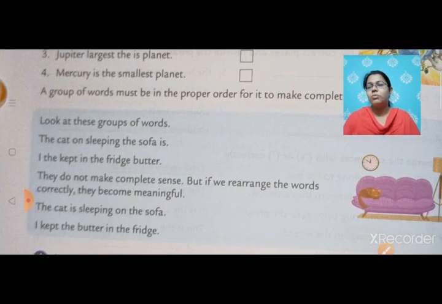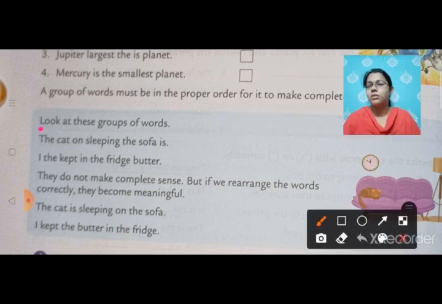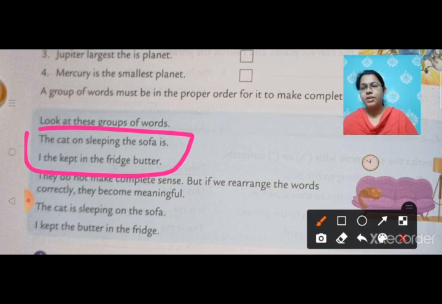Now if you see over here, they have given some more sentences over here. Look at these group of words. The cat on sleeping the sofa is. I the kept in the fridge butter. Now when you read these two sentences, students, आप जब ये दो sentence पढ़ोगे, what do you feel? Does it have any sense?